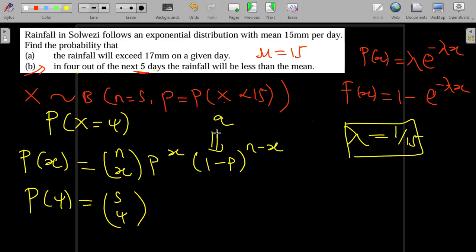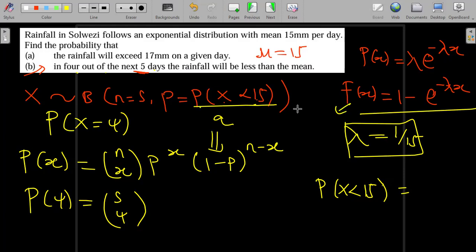Then the probability of success is the probability that this is less than 15. So how do we find this? We use the exponential distribution. So the probability that x is less than 15 is just this CDF here.